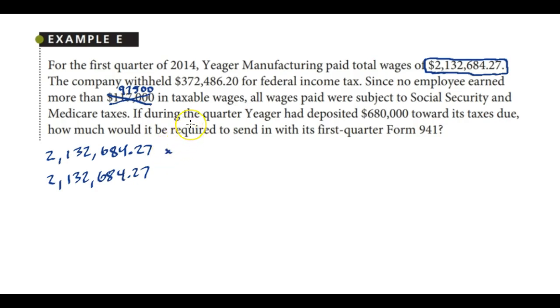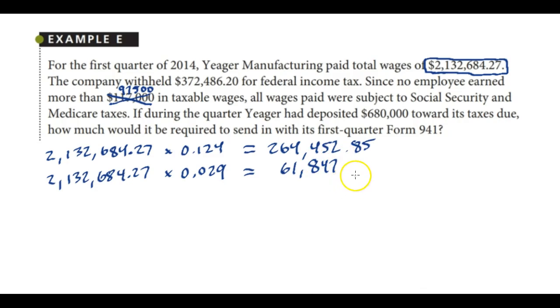And so we have to multiply for Social Security 12.4% and Medicare at 2.9%. What we end up determining for the Social Security portion is 264,452.85. And for Medicare, we have 61,847.84.